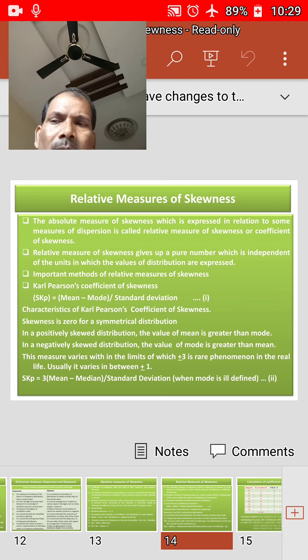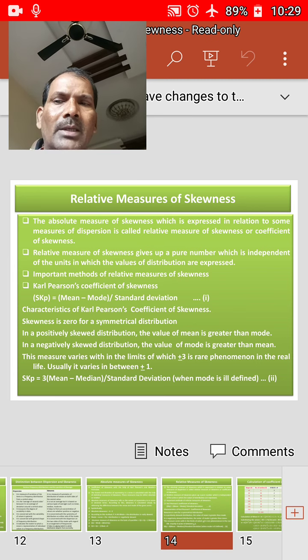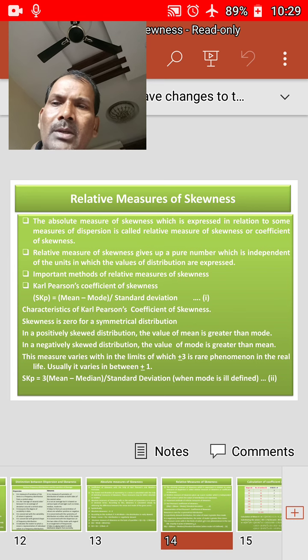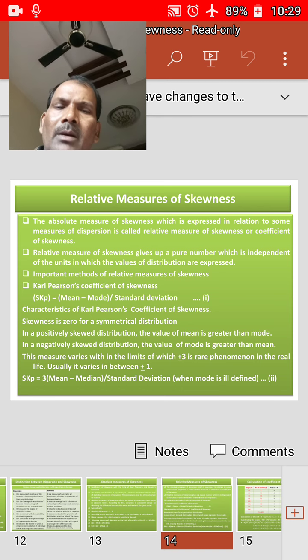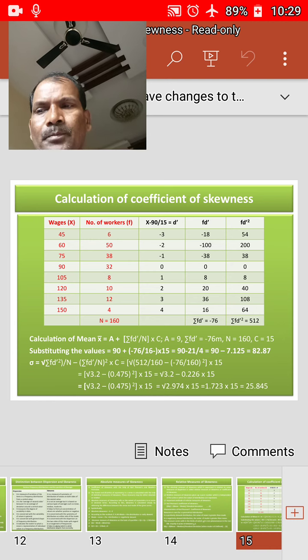If the values of mean and median are substituted, we will get the Karl Pearson coefficient of skewness. SKP is equal to 3 (mean minus median) by standard deviation. Okay, this is the third equation that we will come to know. With this, we'll calculate the coefficient of skewness.